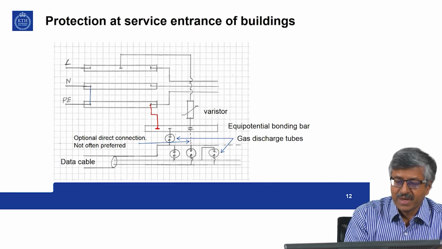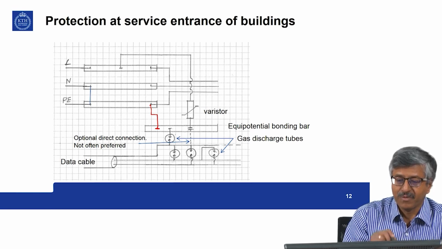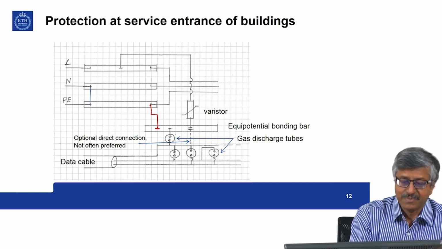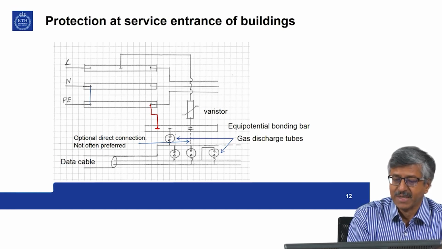Here we are showing spark gaps, and here we are showing varistors. One reason is that, well, it can be diodes and other things also, but spark gaps provide very low capacitance, and at high frequencies parasitic capacitance is quite important.